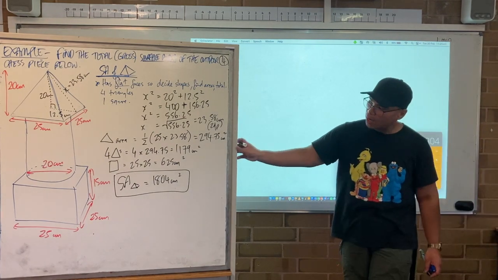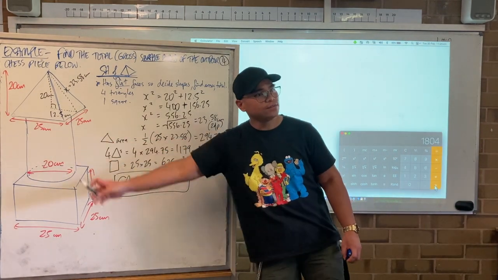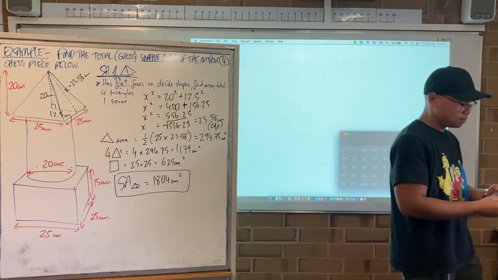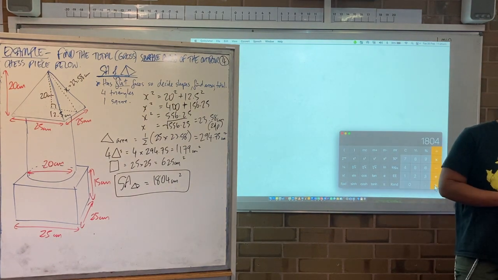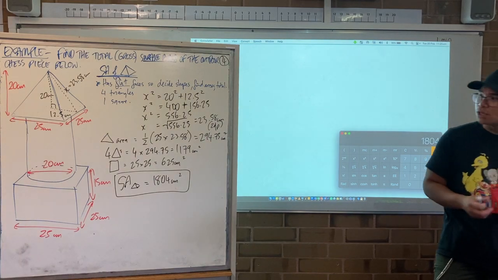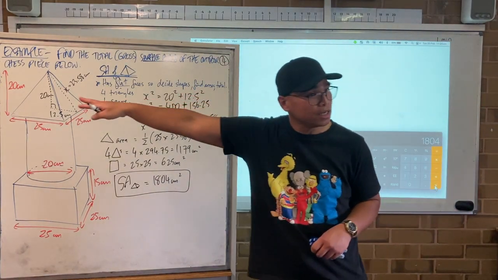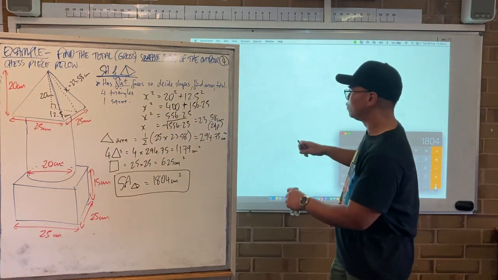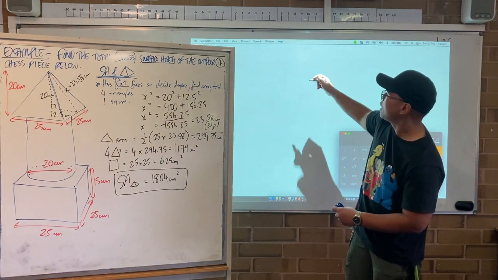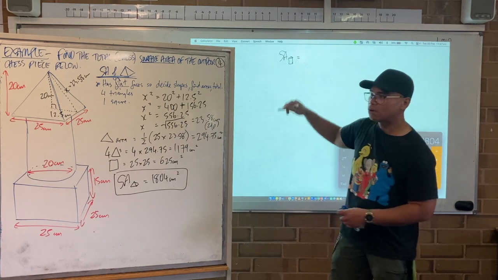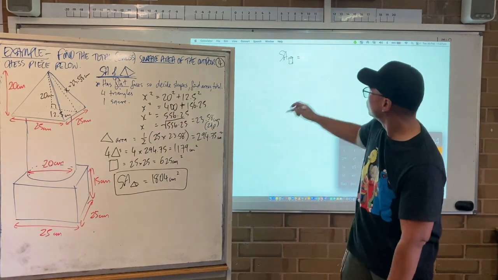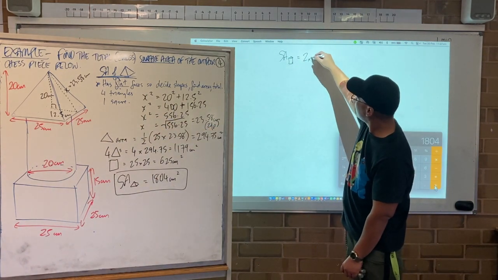Next, what kind of shape do we have in the middle, the body of that chess piece? Cylinder. Does it have flat faces or is it curved? It's curved, so I need to use the formula. The formula for the surface area of the cylinder is 2 times pi times r times h.